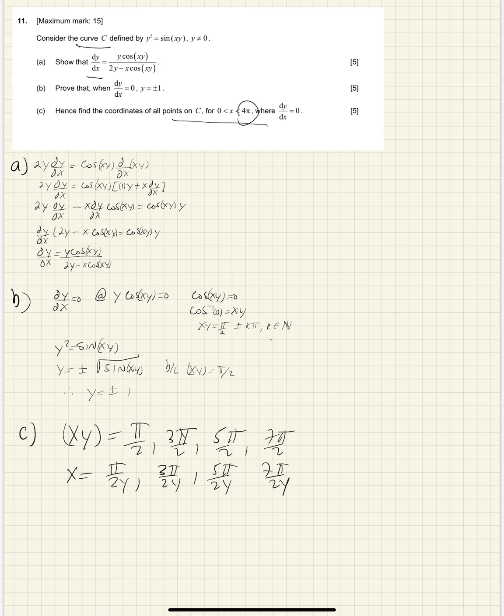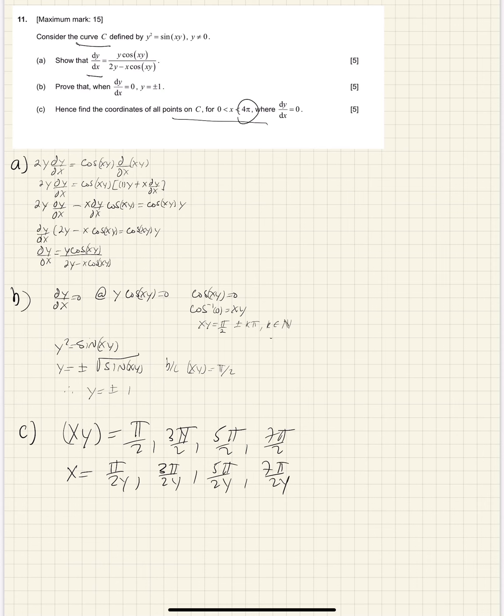And so once we have that, we've just established in part B that y is plus or minus 1. In our domain, though, we're just looking from 0 to 4 pi. So for all the values where x is negative, I don't really care. So I'm just going to keep y as positive.